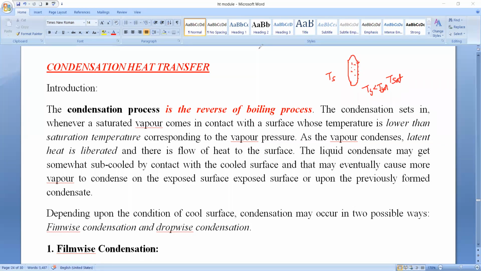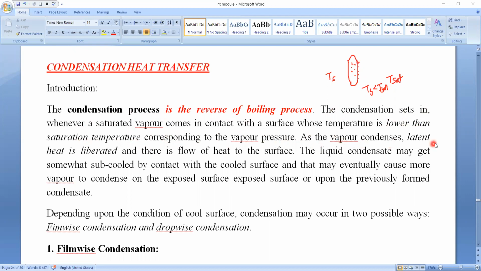Let's read the definition of condensation carefully. The condensation process is a reverse of the boiling process. The condensation sets in whenever a saturated vapor comes into contact with a surface whose temperature is lower than the saturation temperature corresponding to the vapor pressure.